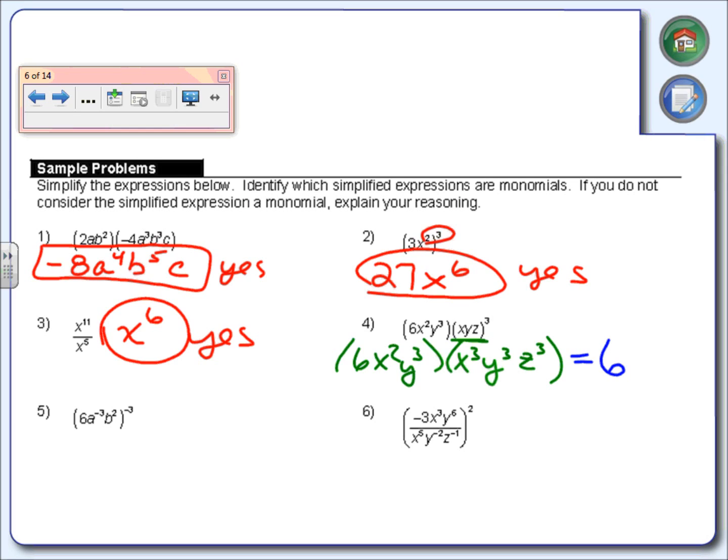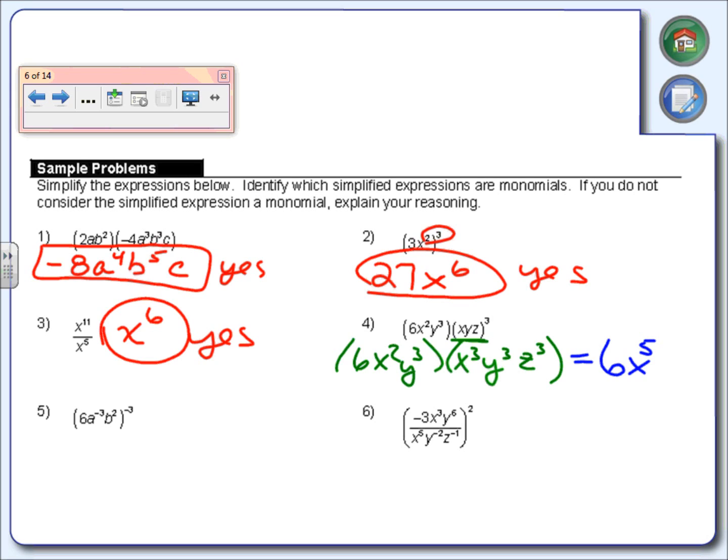X squared times x cubed would give us x to the 6th or 5th? We're multiplying. That was one of our first rules. When we multiply, we add the exponents, guys. So when you add those two exponents, you get a 5.